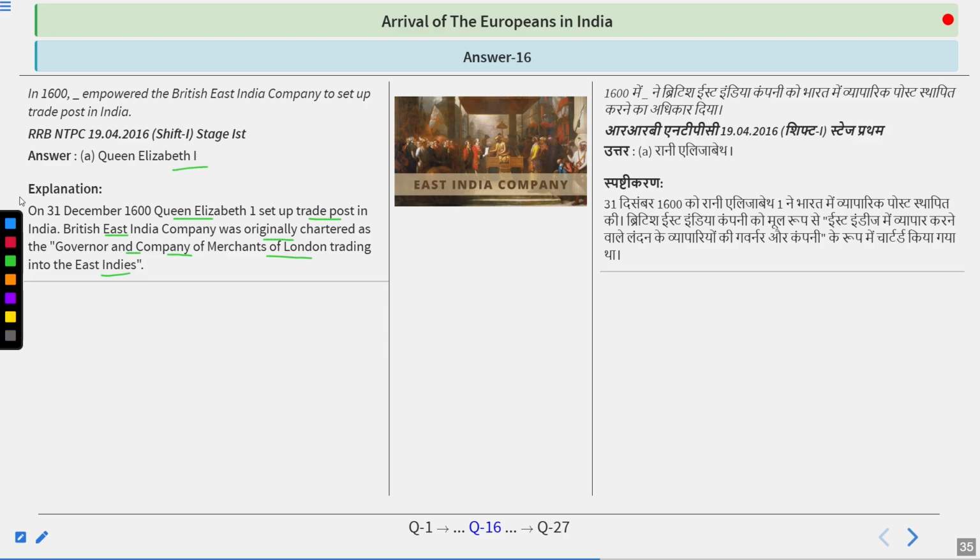So Queen Elizabeth I was the person who empowered the British East India Company on 31st December 1600. After that they came to India, and at that time the king was Akbar. Later on the emperor changed and it was Jahangir who became the emperor, and they came into the court of Jahangir.